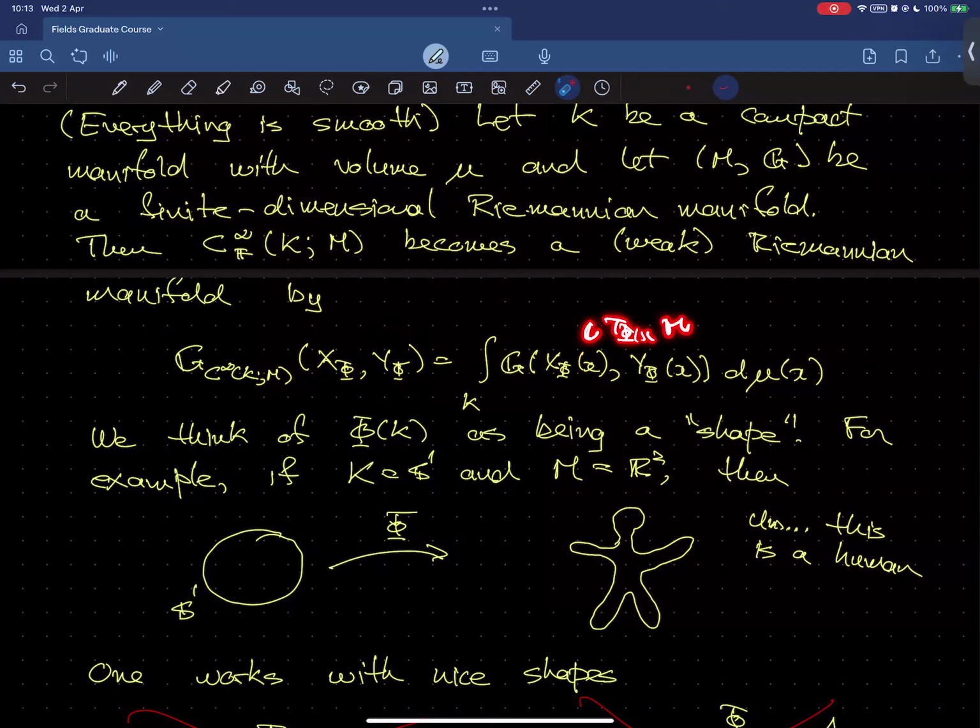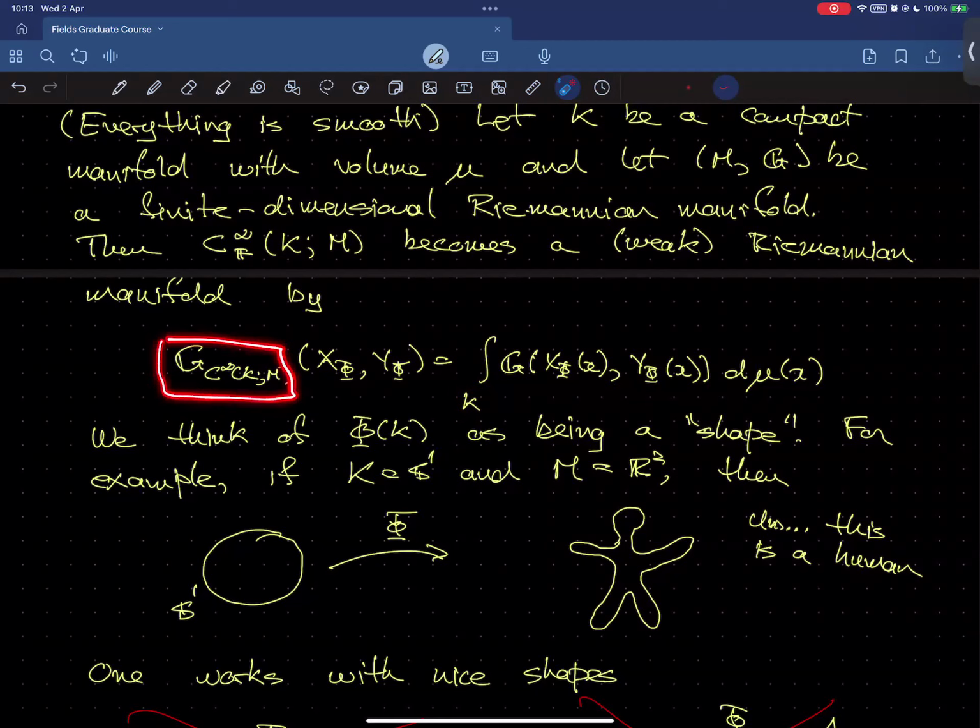That's what I just told you about tangent spaces. Right, so then I take their inner product with respect to the Riemannian metric on M. Right, so this thing now will just be a number, and then I integrate over K. So that's how you can build a Riemannian metric on here corresponding to a Riemannian metric on here, and a volume on there.